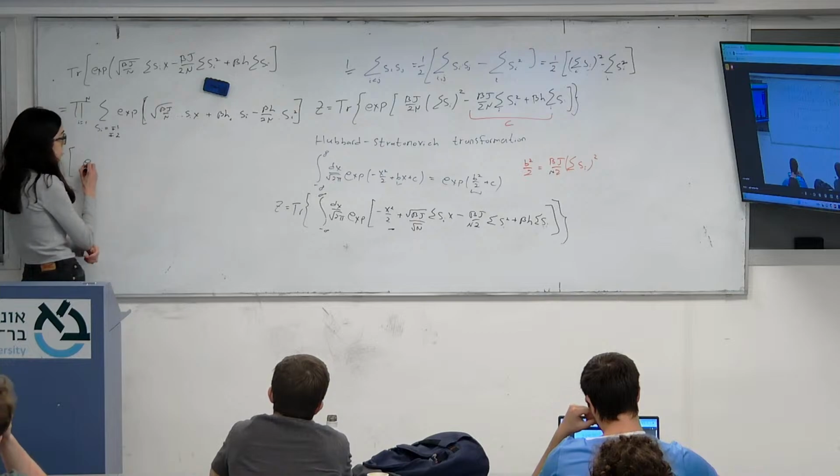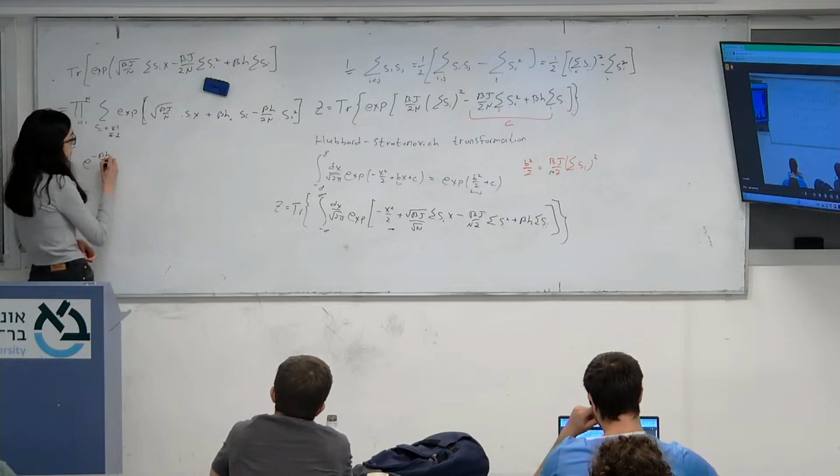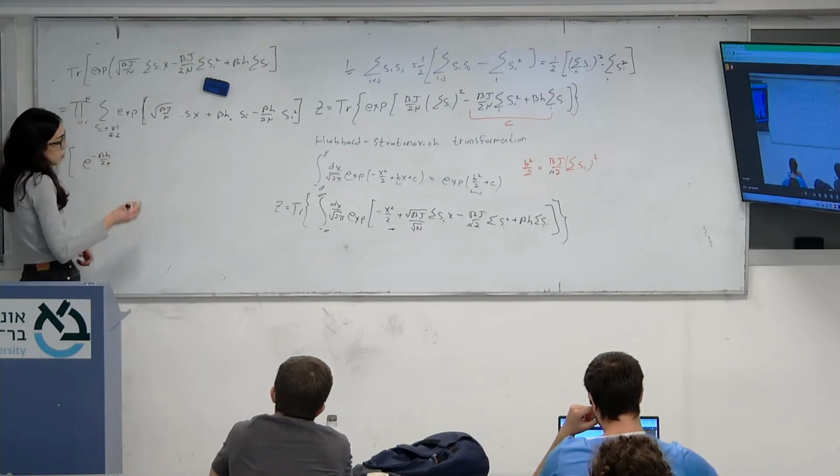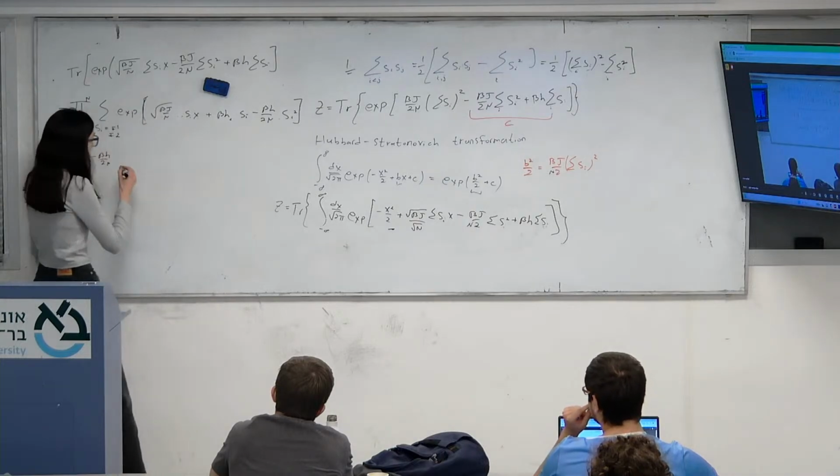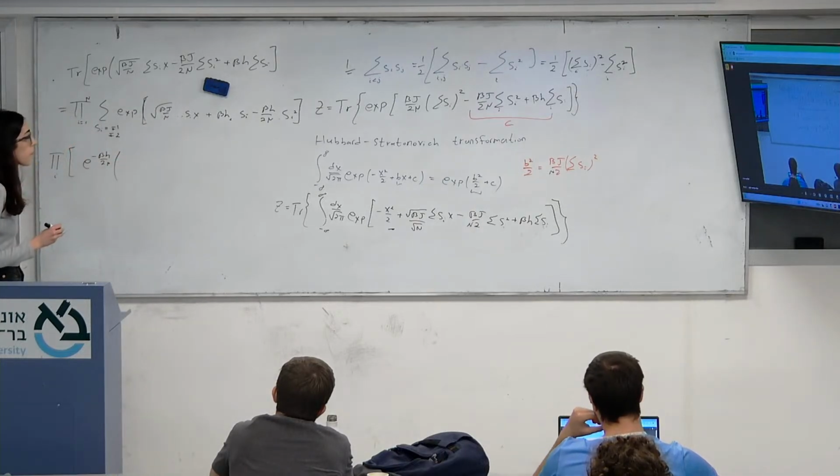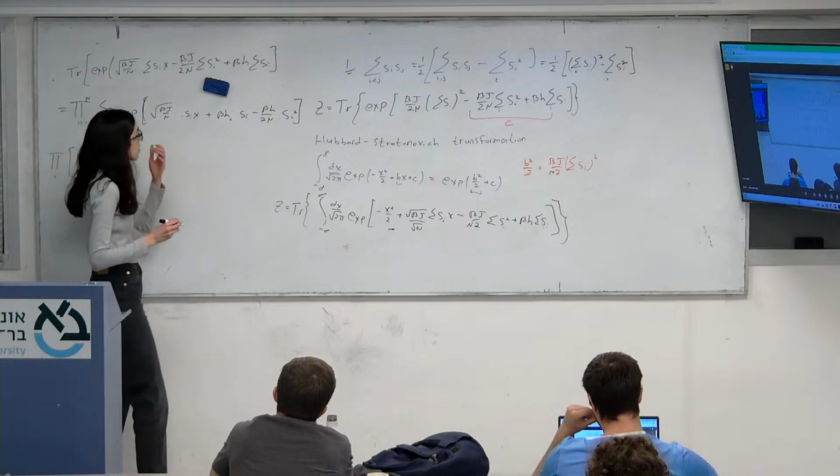So I take e to the minus beta j, right? Beta j, yeah, sorry.